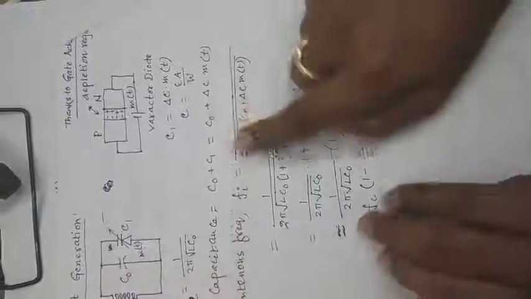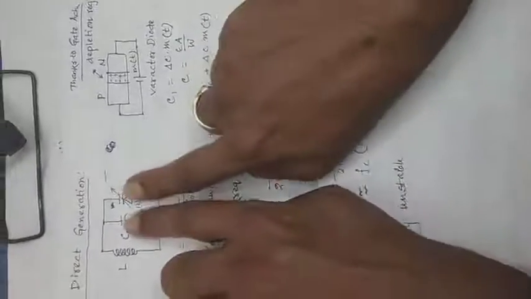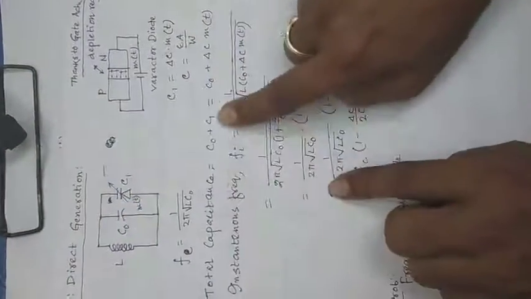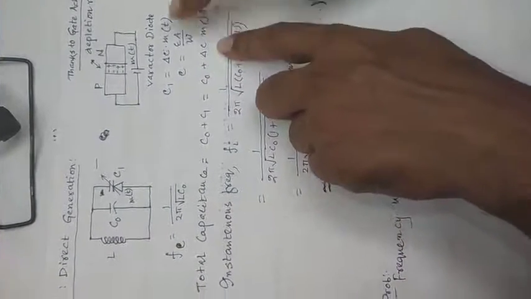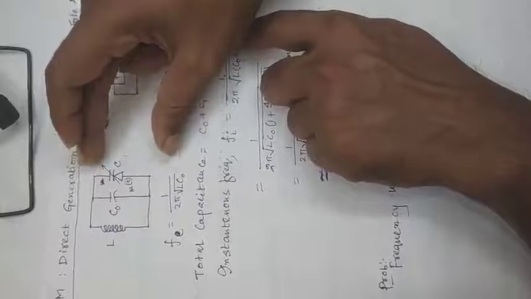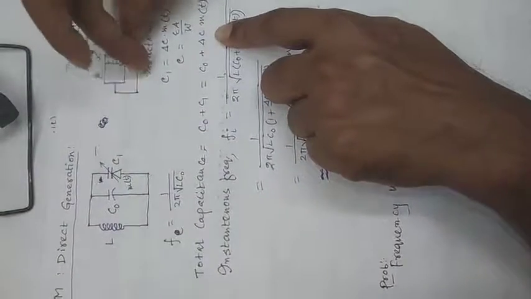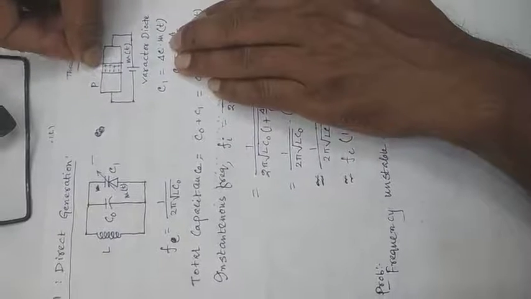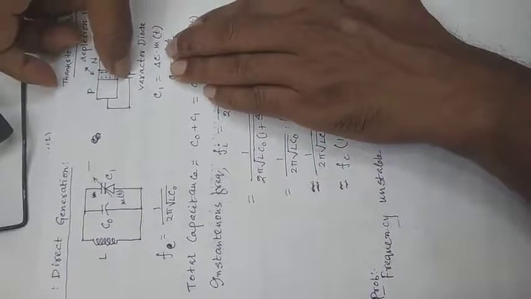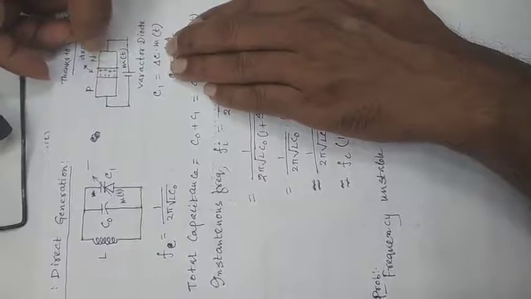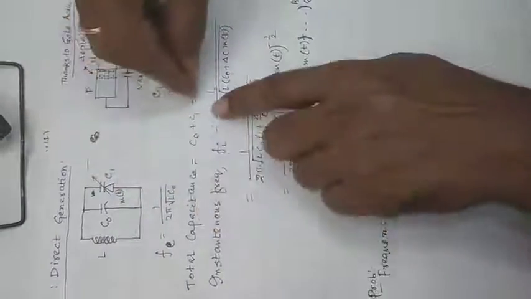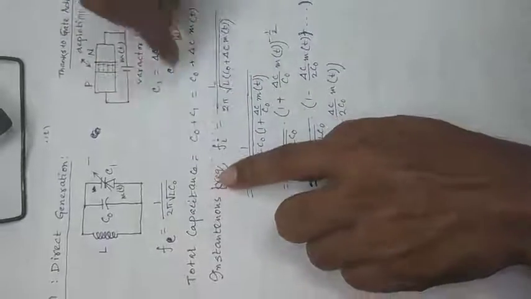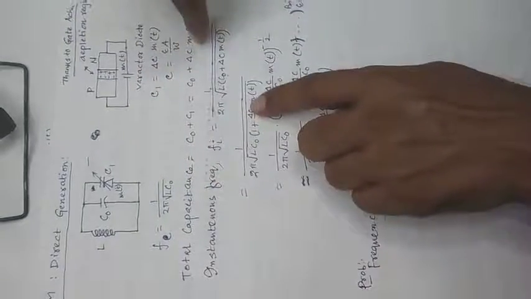Then the total capacitance, as they are in parallel, is summed up to C naught plus delta C times m(t). That means here the message signal will be applied, and you can see that the capacitance here depends on the change in the message signal. Therefore, depending on that, the capacitance value will change, and you will get the total capacitance here.